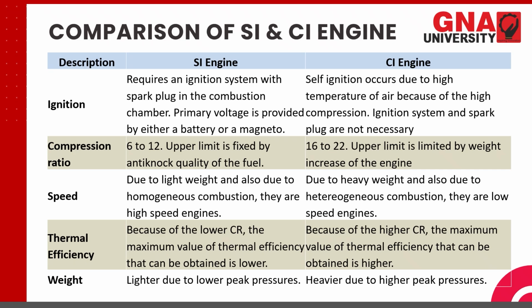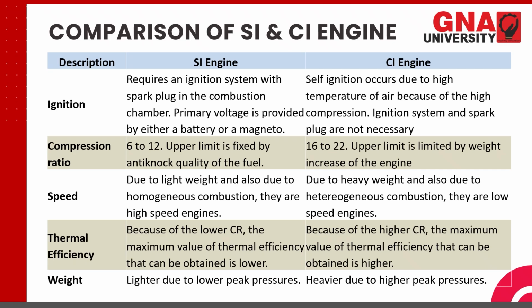Compression ratio in case of SI engine is less, it is 6 to 12. Upper limit is fixed by the anti-knock quality of the fuel. If we go on increasing the compression ratio so as to reach the ignition temperature of the petrol, it will not be possible, because by increasing the temperature we are causing more knocking in the engine.